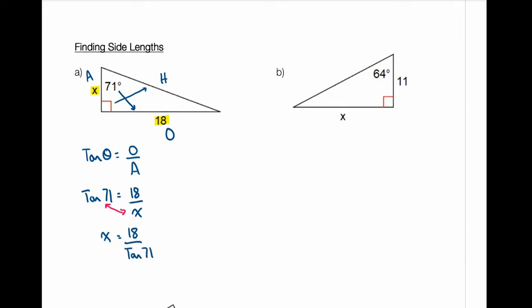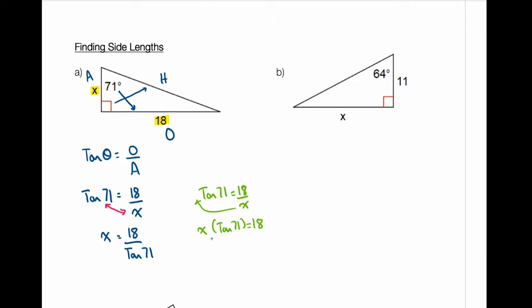Now you may be wondering, why do I switch it? How is that possible? Just as a side, if I have tan 71 equals 18 over x, I need to solve and get x by itself. Normally the x would come up to the other side, being x times tan 71 equals 18.